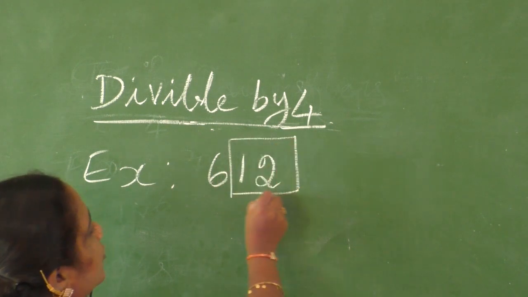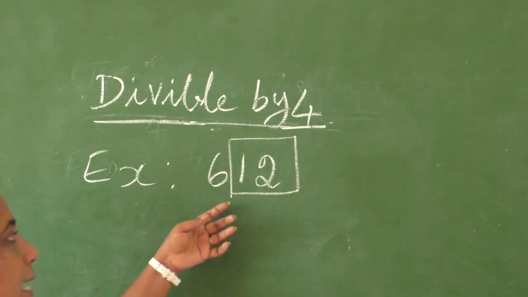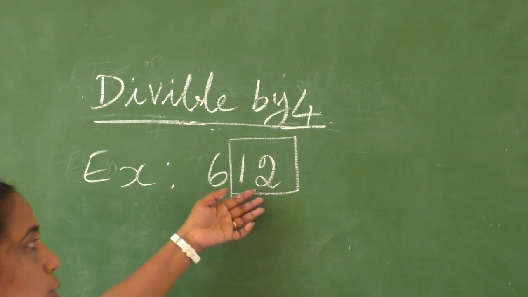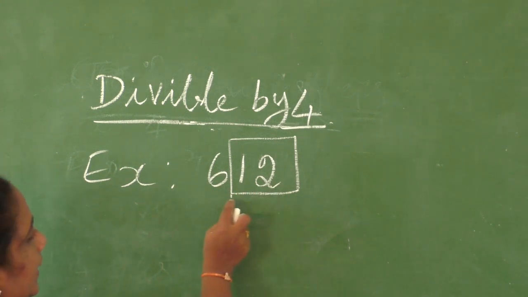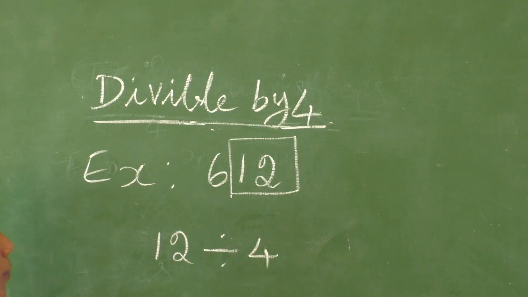See here, I am going to check two places, tens place and ones place together. Tens and ones, 12 divided by 4. How many times will it come? 3 4s are 12. So this number will be divisible by 4.